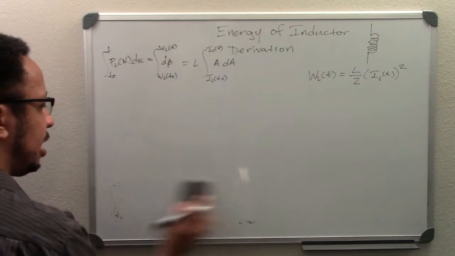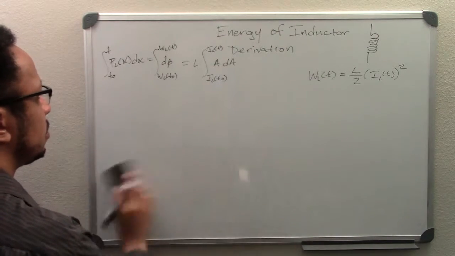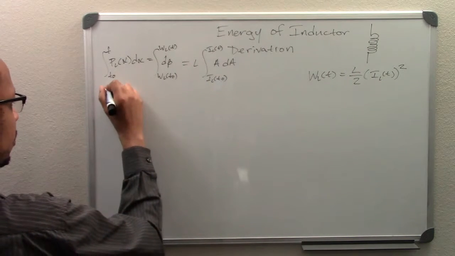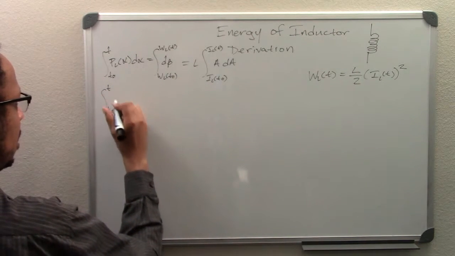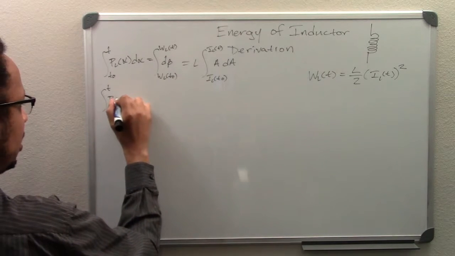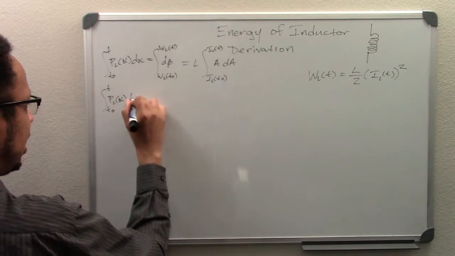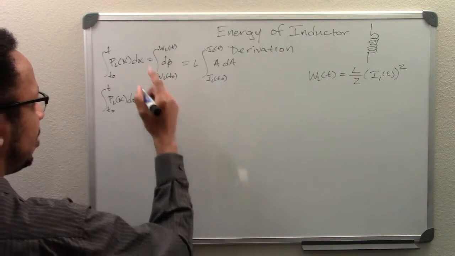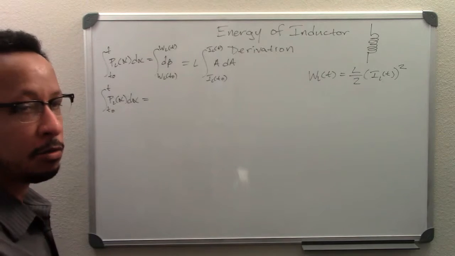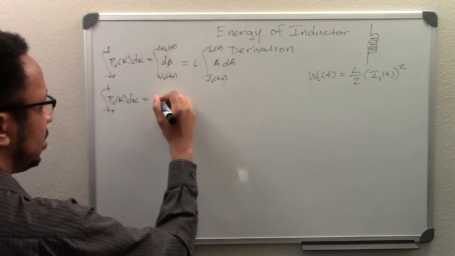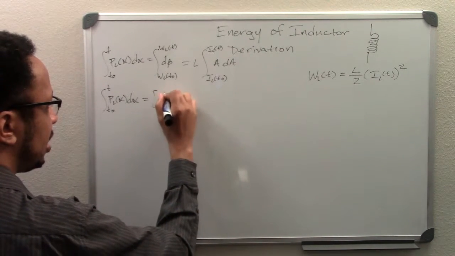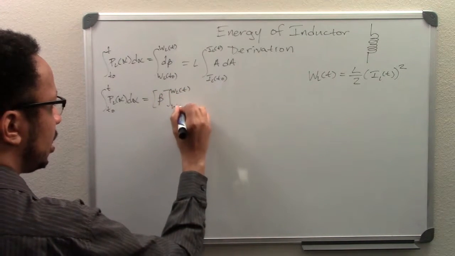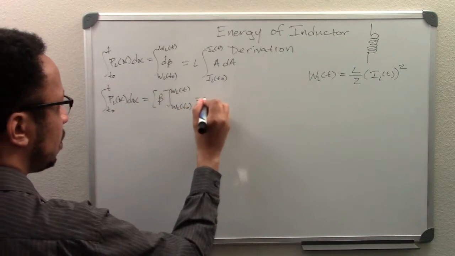In doing that, we'll keep this over here the same. So we'll just restate it: the integral from t sub 0 of p_L(alpha) d alpha equals beta to the first power over 1, which is just simply beta. So we have beta here between W_L(t) and W_L(t sub 0).